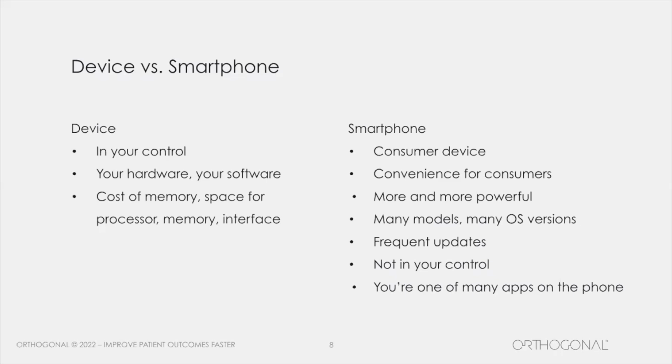It is a consumer device, and the primary directive that Apple and Samsung and everyone else has for these things is that they have to be useful and convenient for consumers for all the things that are sitting on that device. We know from what I'd shown you before, they're getting more and more powerful, but there are also many models and many OS versions out there.